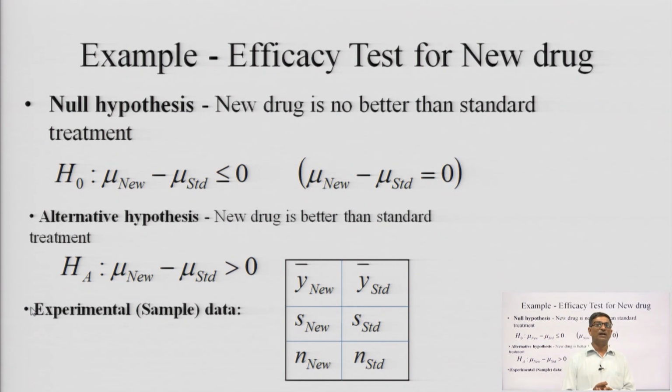N new is the number of subjects or number of patients, or you can say size of sample of new treatment group, and N standard is the number of subjects in the standard treatment group. And it is not necessary that these two are equal, they can be different also.